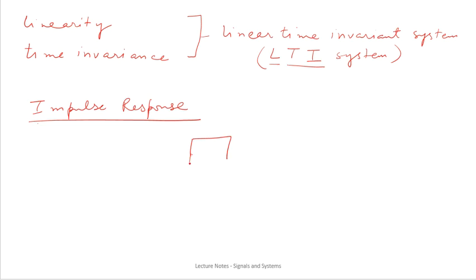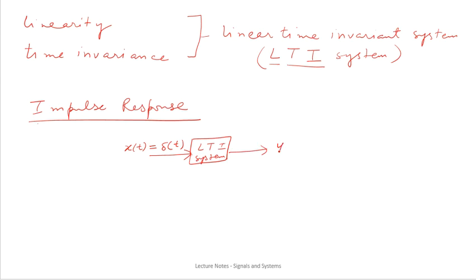Suppose this is an LTI system, this is its input, and its input is an impulse signal. You are already familiar with the impulse signal, which we discussed in the first unit.